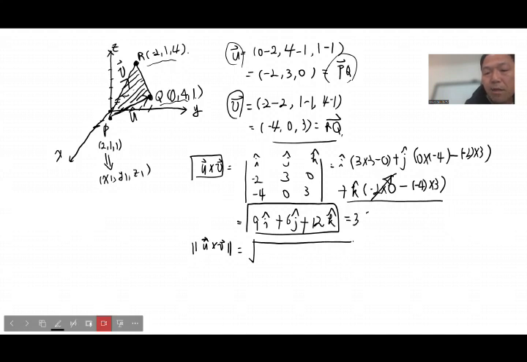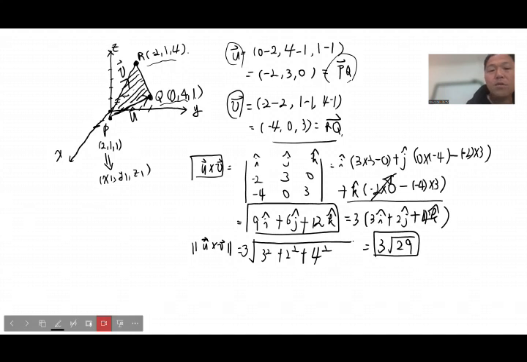If you take a 3 out of it, then that is 3i, 2j, and 4k, right? So the magnitude of this vector is the square root of the x component, y component, and z component squared. So that is 3 times the square root of 3 squared plus 2 squared plus 4 squared. So that is 3 times root 29, right? That's the magnitude of this cross product vector.